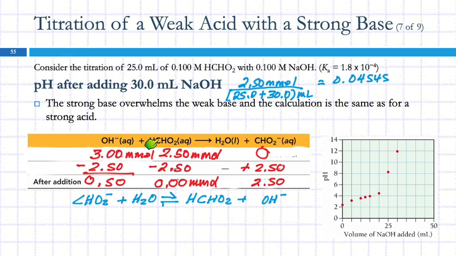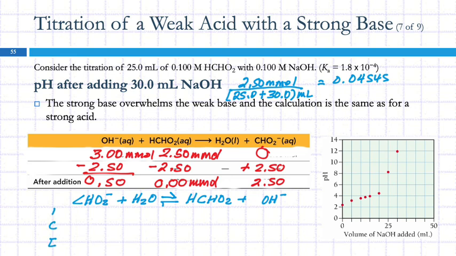We've neutralized all of the acid. We're not looking at a solution of a weak acid right now. We're looking at the solution of the conjugate base. So this is acting as a base. So again, we're going to have to use our Kb here, and we're going to write the equation for this acting as a base.